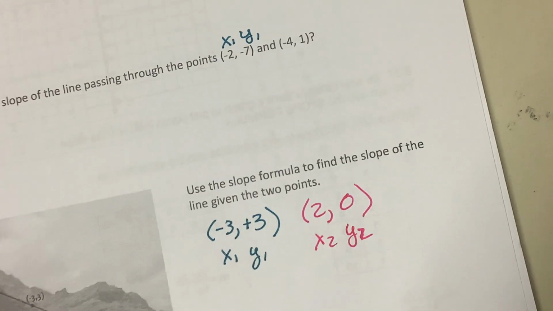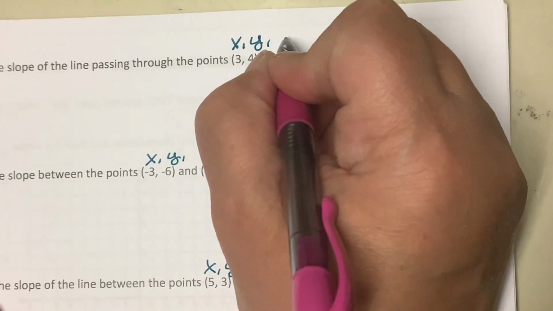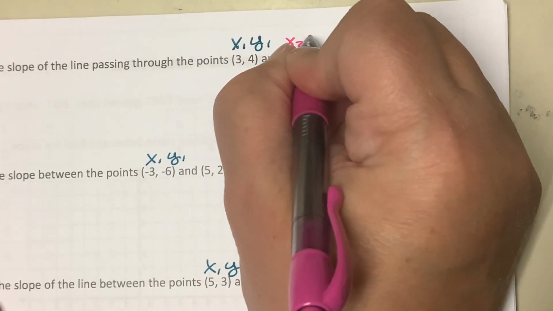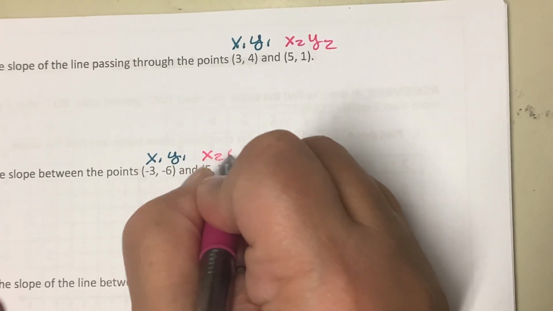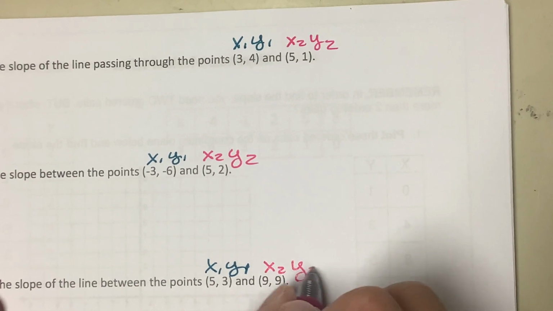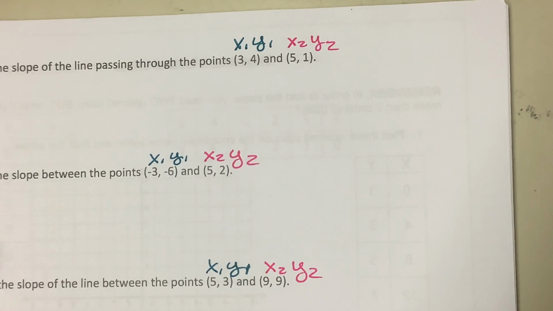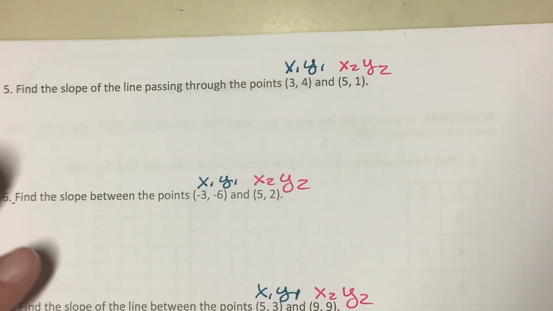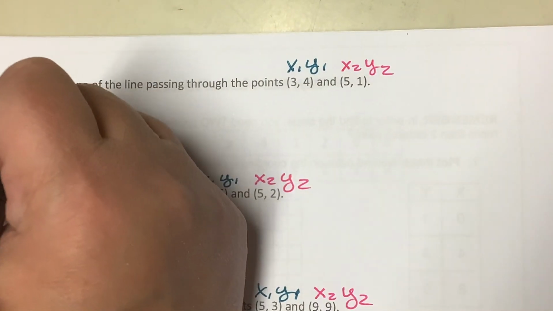But let's go back up to the top and label some more things. I label everything with my x2 and my y2. If you don't label it, you're going to end up getting it wrong. Just do the right thing. All right, for the first one, I'm going to write the formula down just to help me.